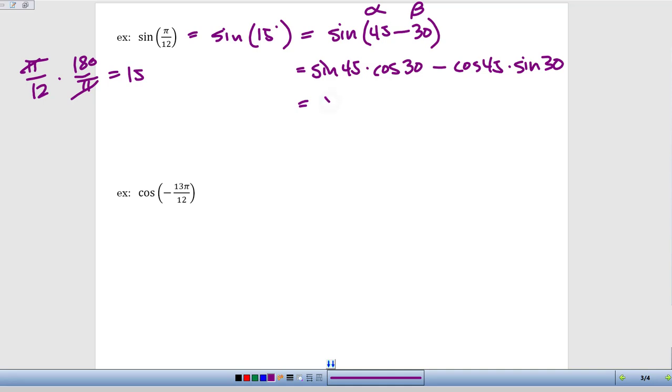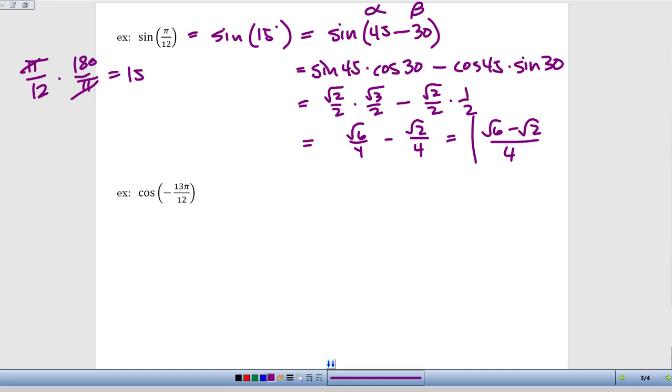So sine of 45 is root 2 over 2 times cosine of 30 is root 3 over 2 minus cosine of 45 is root 2 over 2 times the sine of 30, which is 1/2. So as I mentioned in the previous video, root 2 times root 3 gives us root 6 over 4 minus root 2 over 4. So we're seeing those same numbers appear. We've got root 6 minus root 2 in the top, all over 4 in the bottom.